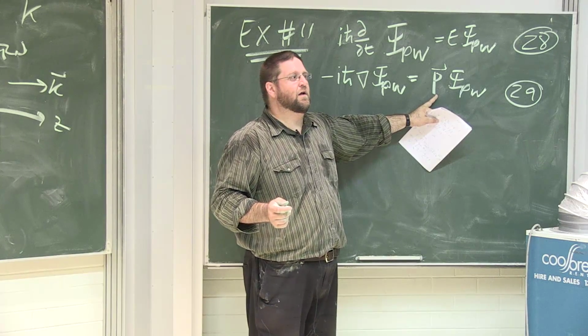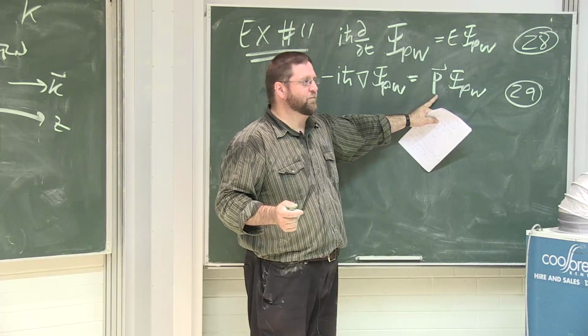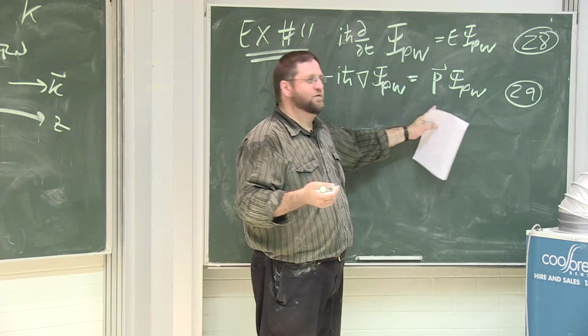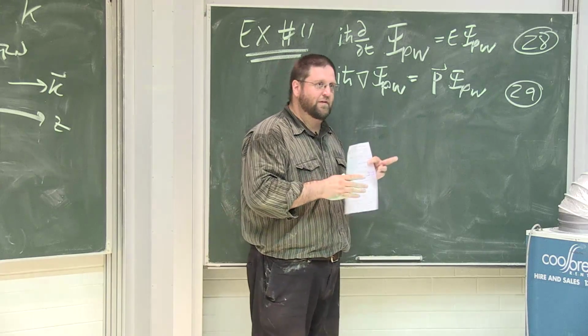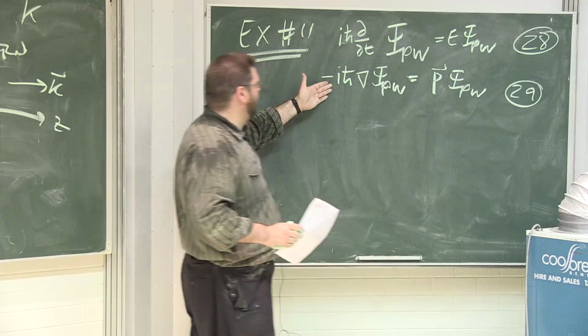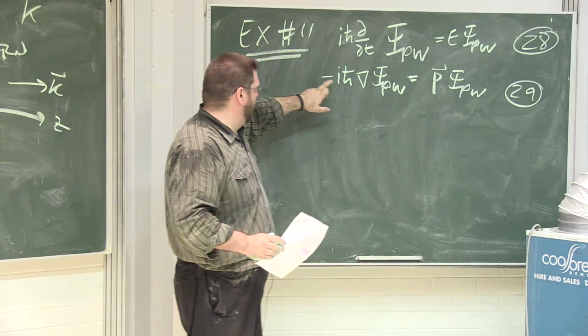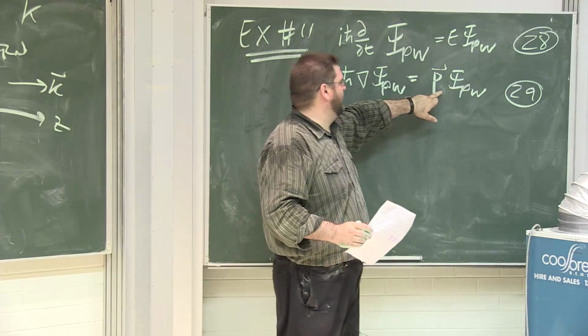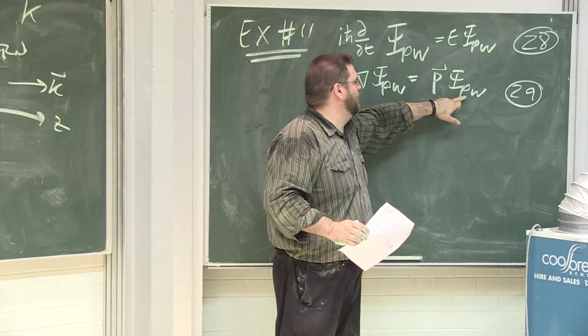Well, momentum has direction. Momentum has three components. This is not one equation, this is three scalar equations. As it was pointed out, momentum has direction. This is three equations, the first of which is minus iħ d by dx of psi plane wave equals the x component of p times the plane wave.